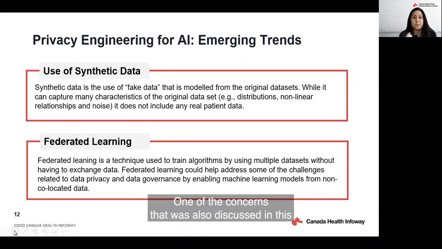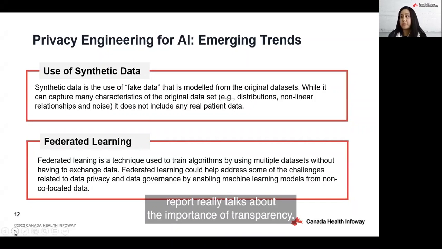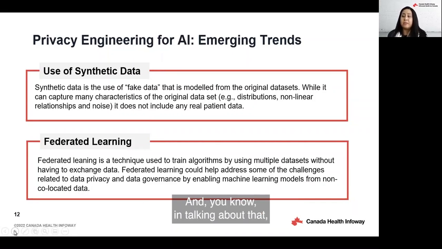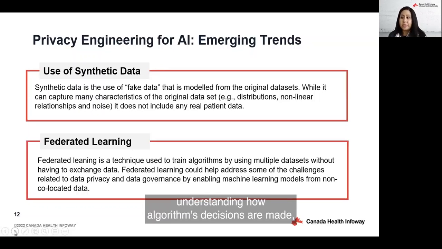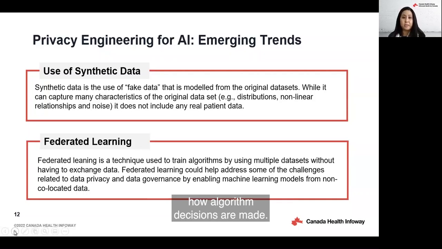One of the concerns that was also discussed in this report is the importance of transparency. In talking about that, understanding how algorithm decisions are made, some of the key questions that were highlighted are: Can the algorithmic decisions be explained, reviewed, or appealed? And can you explain how biases are prevented?